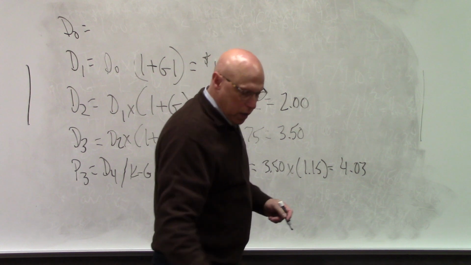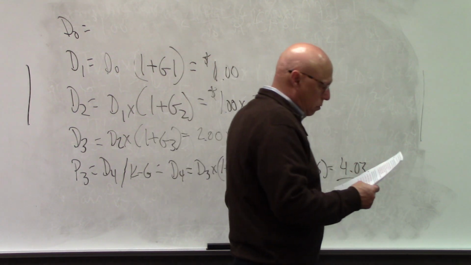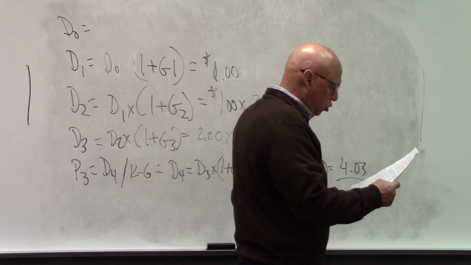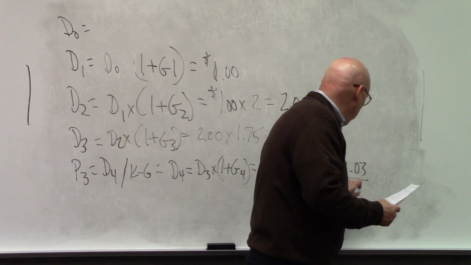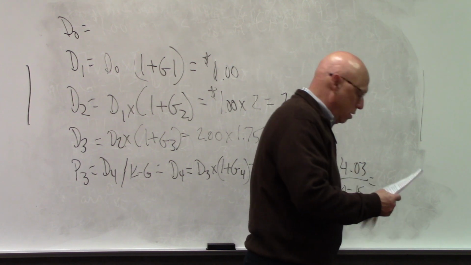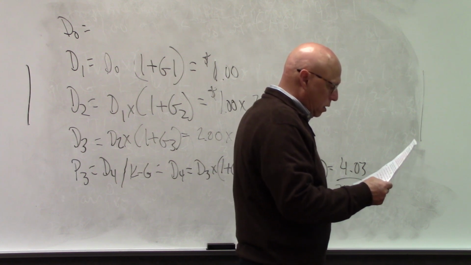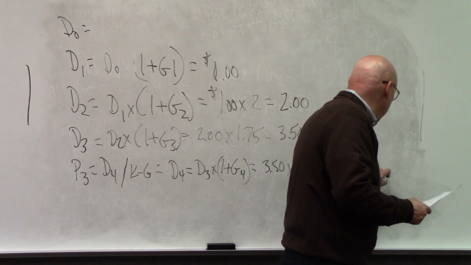Okay, then we'll divide that $4.03 by K minus G, which is 0.2 minus 0.15, and we get $80.50.